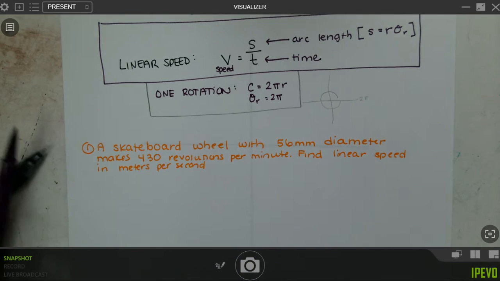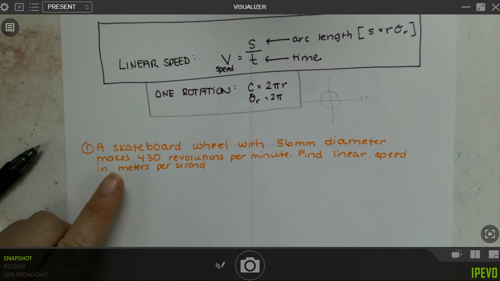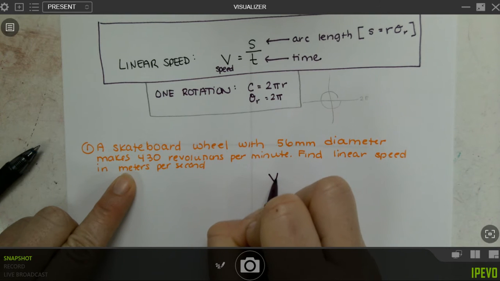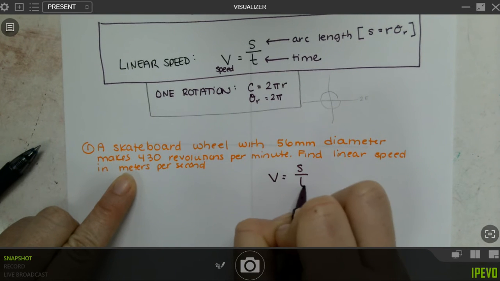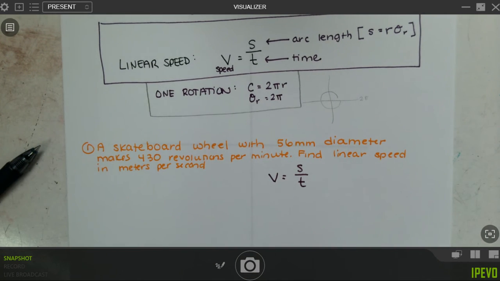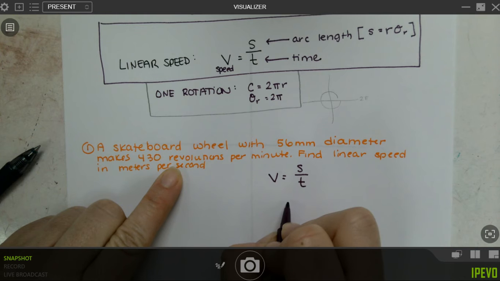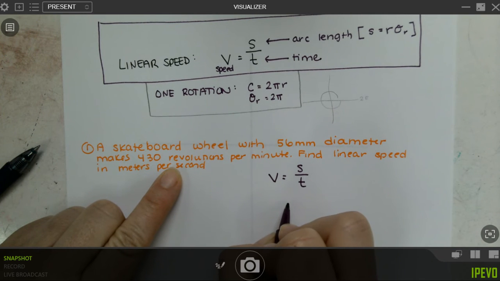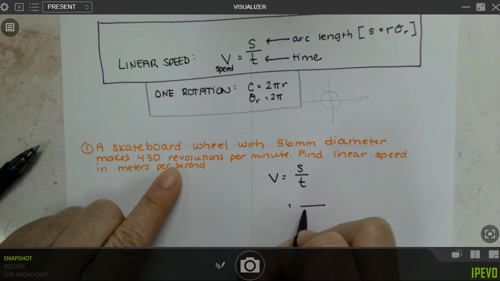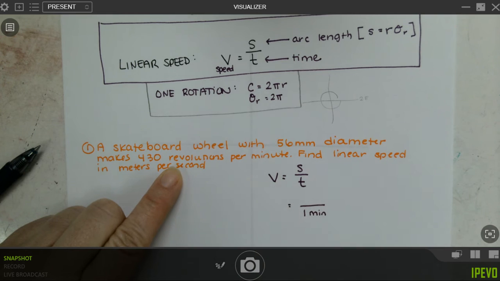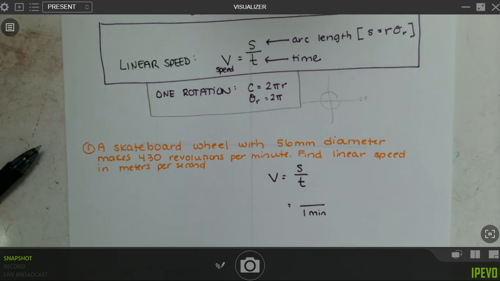All right. So for this problem, we want to find the linear speed in meters per second. So we're going to use our formula. It tells us how many revolutions it makes per minute, so for our work here, we're going to go with a minute for our time.